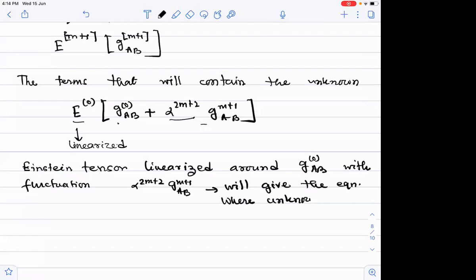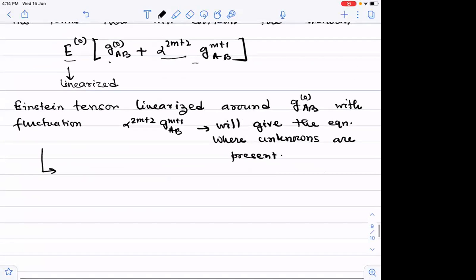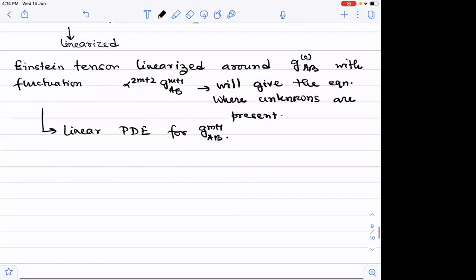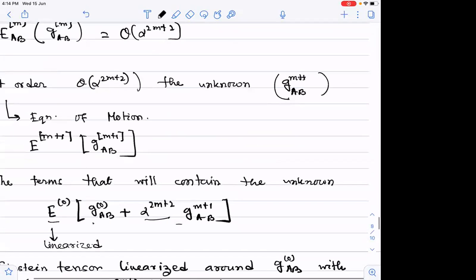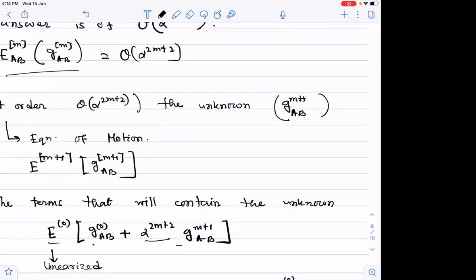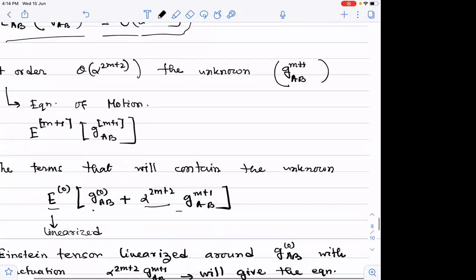Basically the LHS of the equation, where unknowns are present. So it's a linear differential equation, a linear PDE. Oh, I'm a bit fast here. Okay, question. And the source term: this is one source at order alpha to the 2m plus 2, where this g_{m plus 1} is there. And the other sources will be the one that we have already tested, E_m evaluated on G_mAB at order alpha to the 2m plus 2. These are the parts that were not present there. Therefore, you have to correct it.